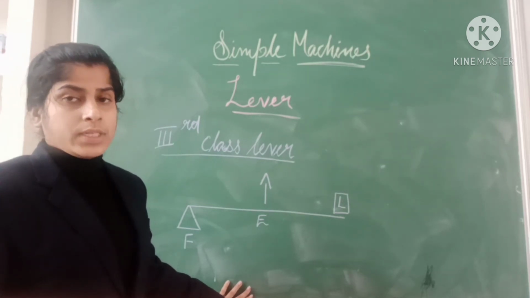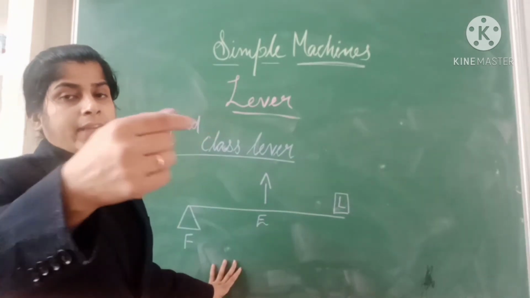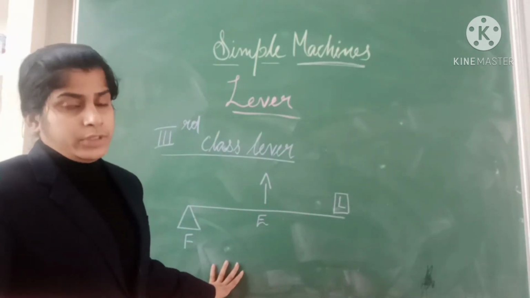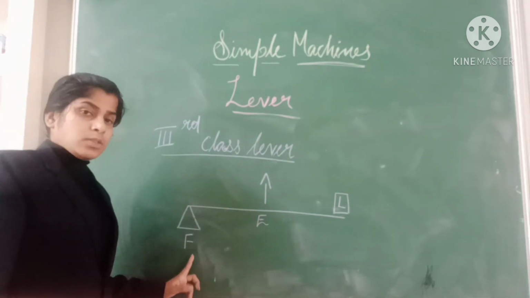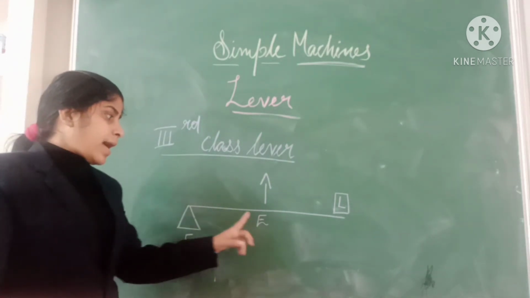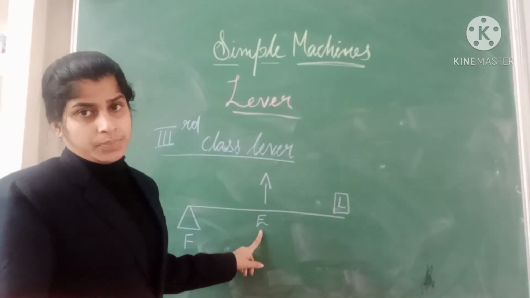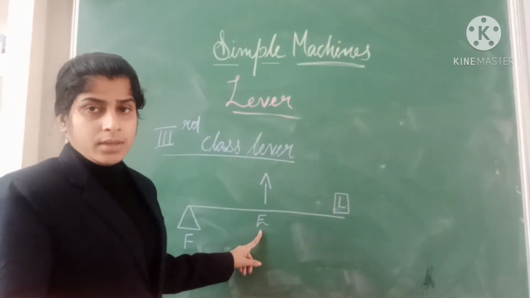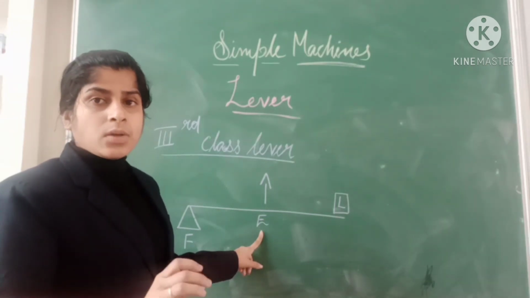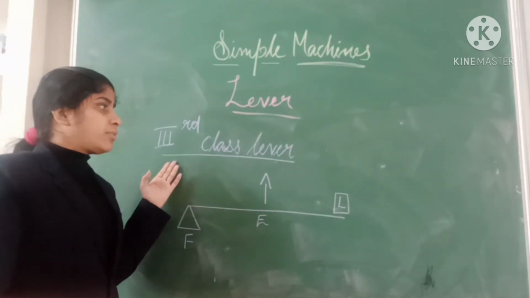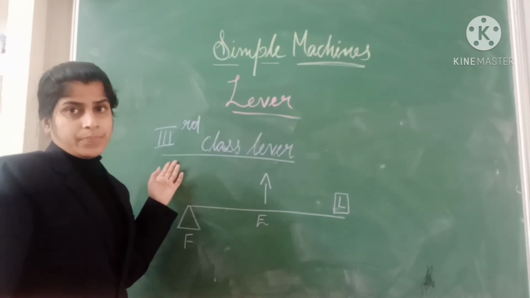In a fishing rod, what is the load? The end of the fishing rod. One end is the load, the other end, the moving part, is the fulcrum, and the center is the effort. So fire tongs and forceps all work on the principle of the third class lever.